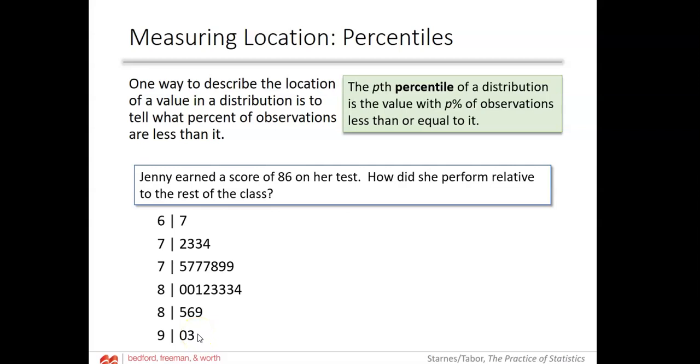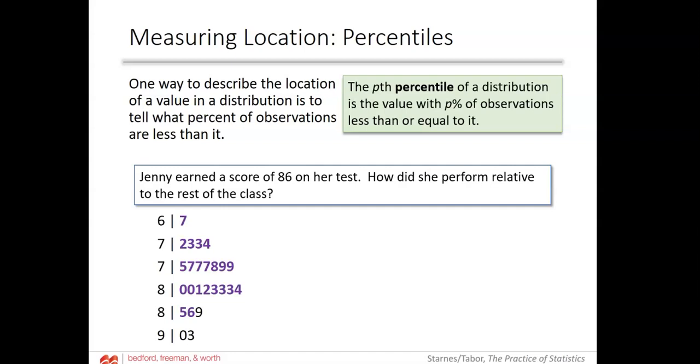So let's count. I don't think they told us how many people were in the class. 1, 2, 25 people. So there's 25 people in the class. 3 people are better than what she got.